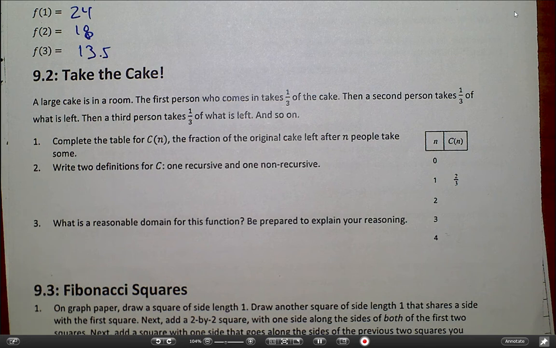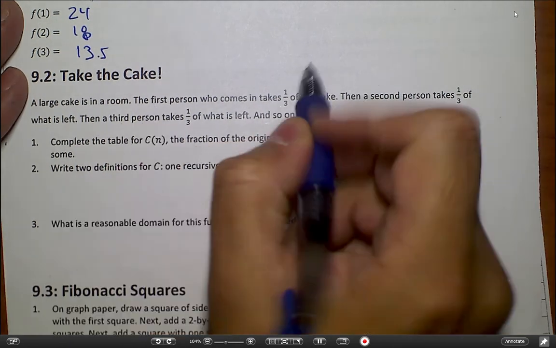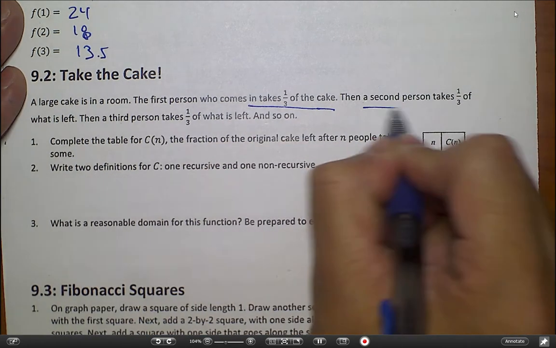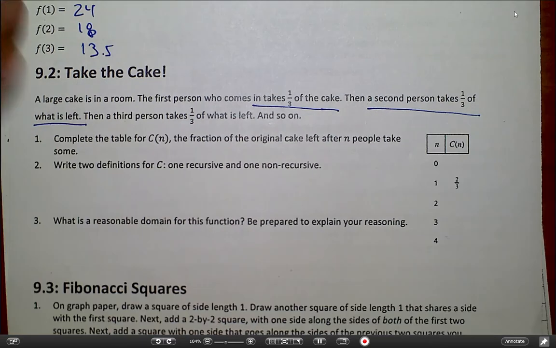Because there is a specific wording to go along with this. The first person comes in and takes 1/3 of the cake. The second person takes 1/3 of what's left.